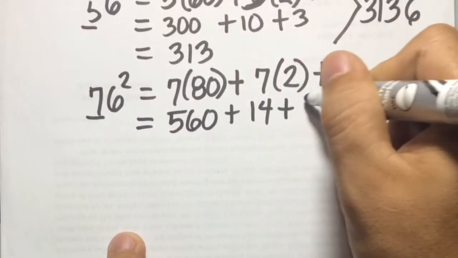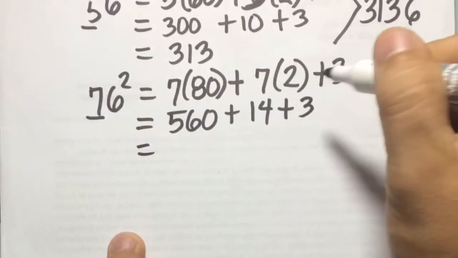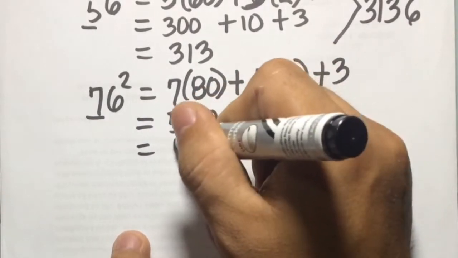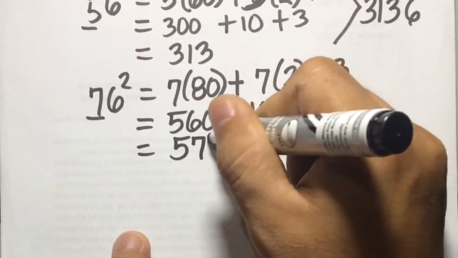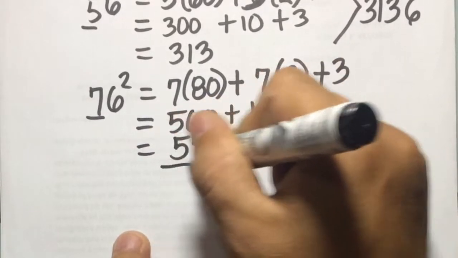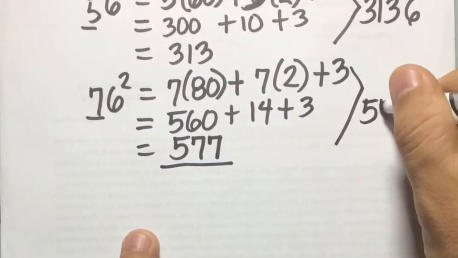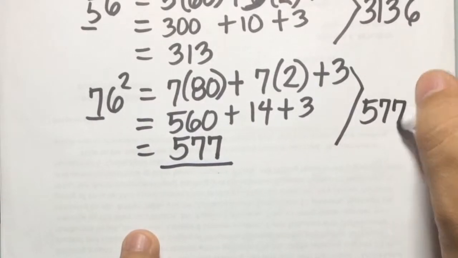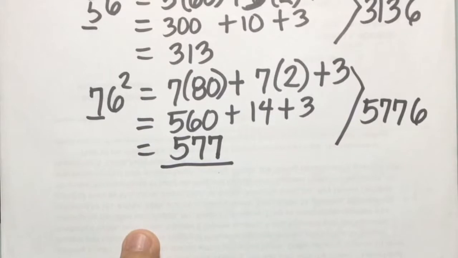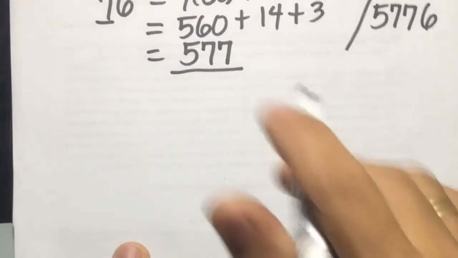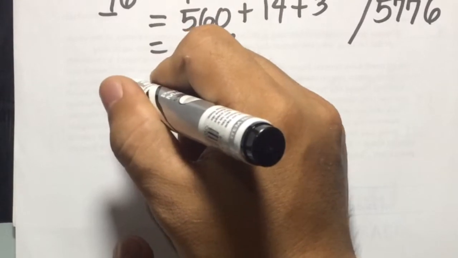Then plus 3. So 560 plus 14 is 574, plus 3 is 577. So your answer will be 577 here, the first digits. Then your final answer will be 5,776.